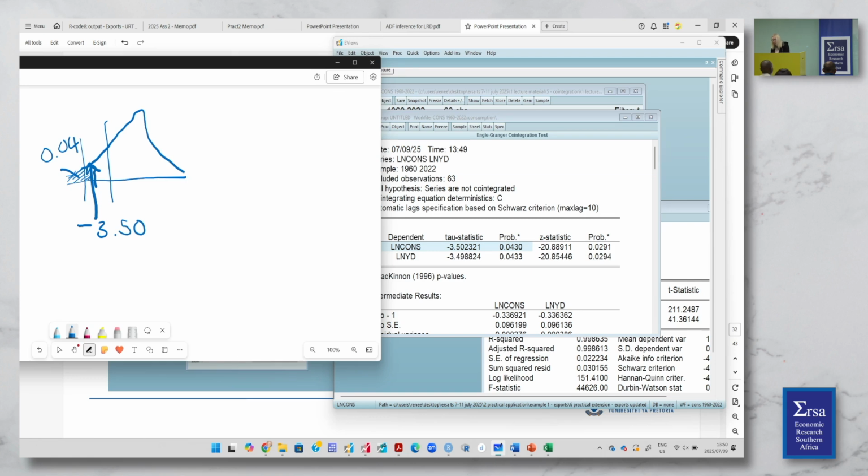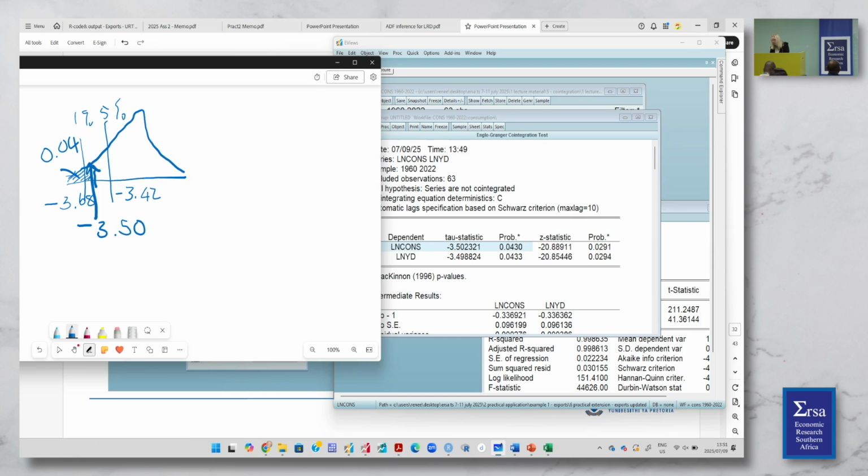So we know that the critical values, although it's not shown to us, it may be that the 1% critical value is minus 3.68. And the 1% will be there, the 5% will be closer, say it's minus 3.42 or something.